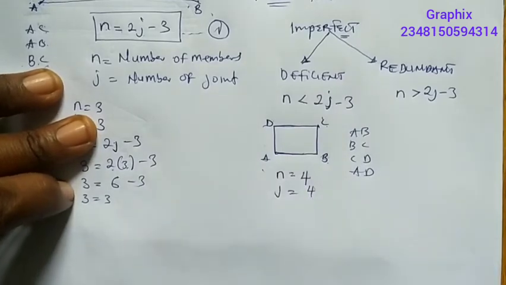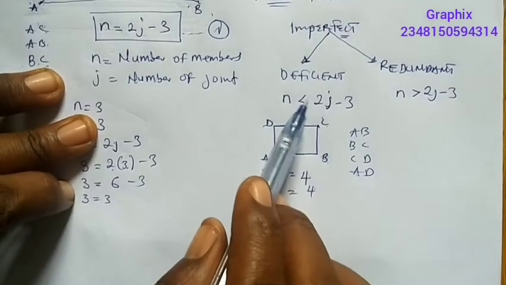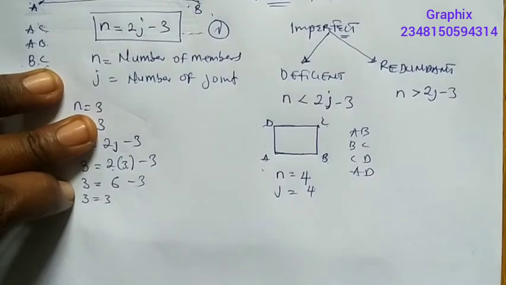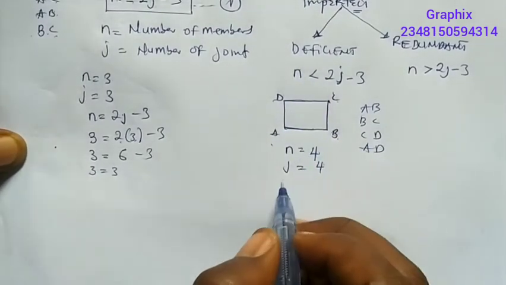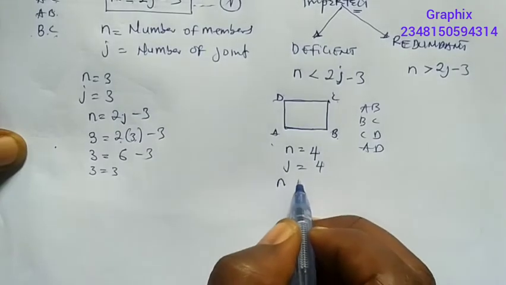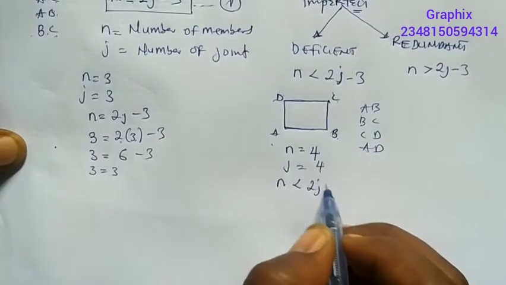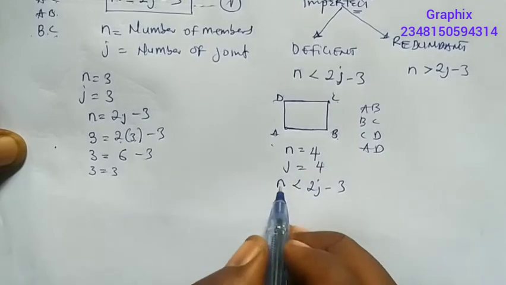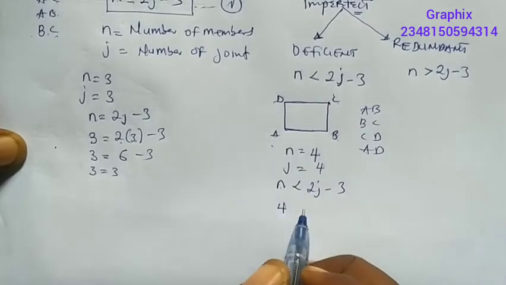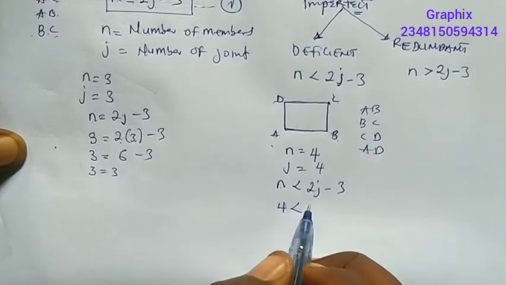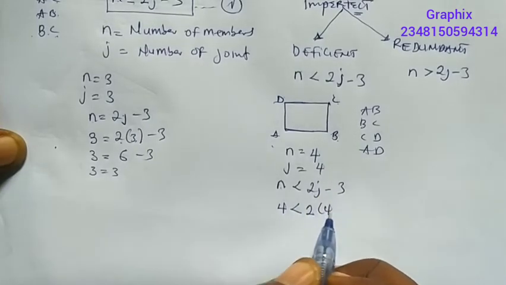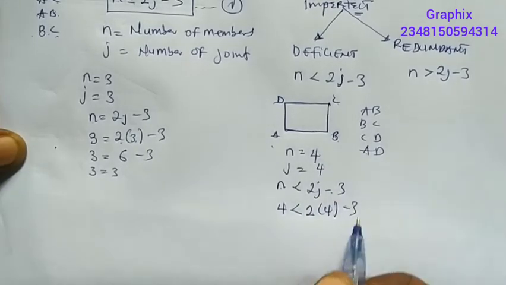So if you place this into this equation here, let's see what will happen. From here, we know that n is less than 2j minus 3, right? So what is our n? Our n is 4. Is it less than 2 times j, which is also 4, minus 3?